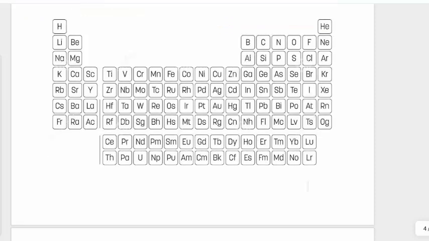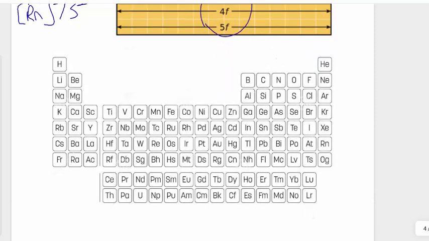Okay, the last thing that we need to be able to do is just identify the elements as being metals, nonmetals, or metalloids. So what we're going to do first is draw a staircase to represent the separation.